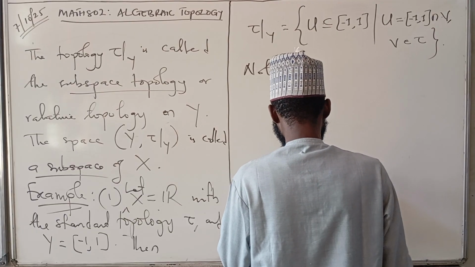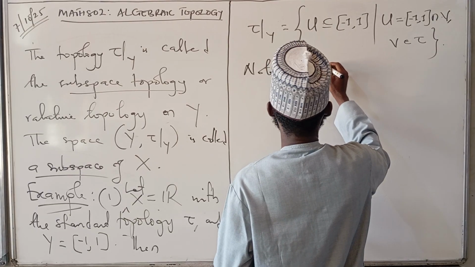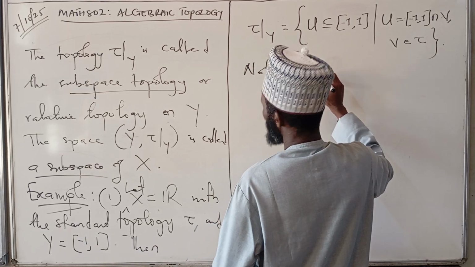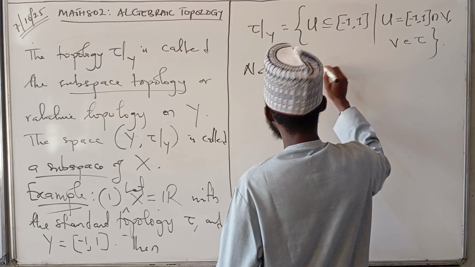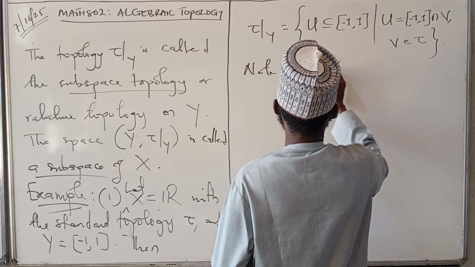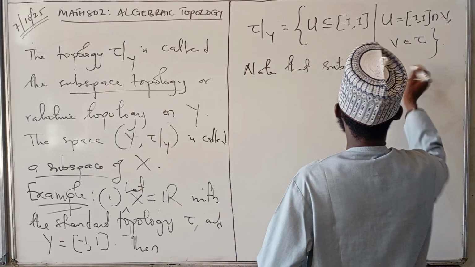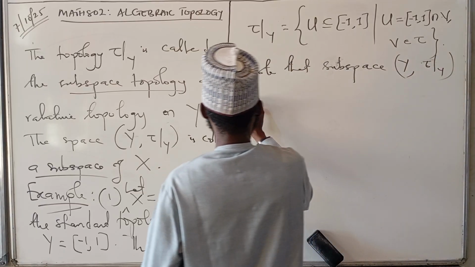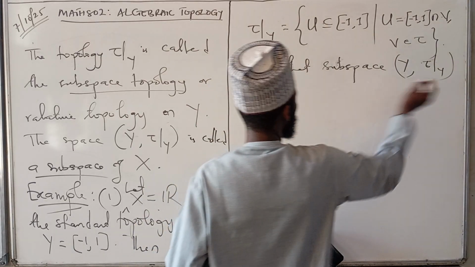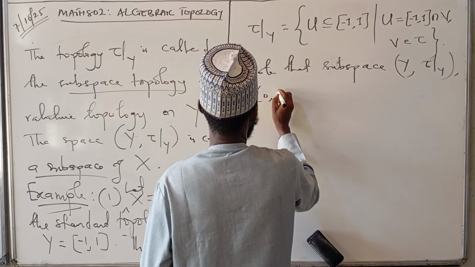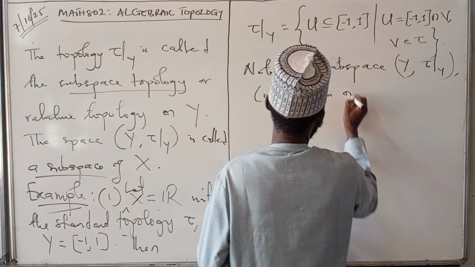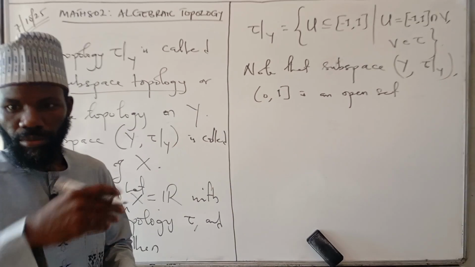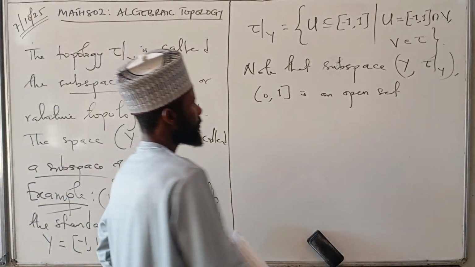You should note that in the topology tau, in the subspace Y with tau, the interval 0, 1 is an open set, meaning it belongs to tau restricted to Y. Okay?